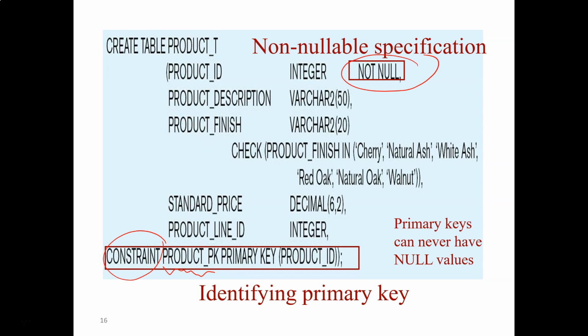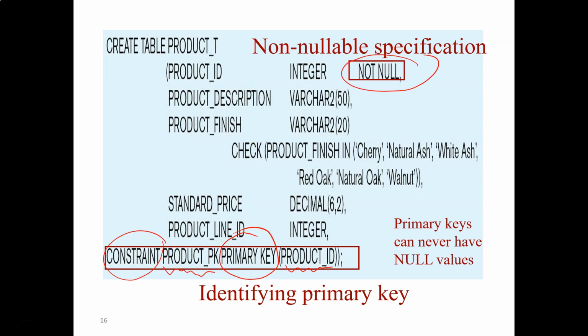And this is followed by the keyword primary key to indicate this is a primary key constraint, and then end the statement with a set of parentheses that enclose the name of the primary key field, which is product ID. This statement tells the DBMS that product ID is the primary key for the product table.